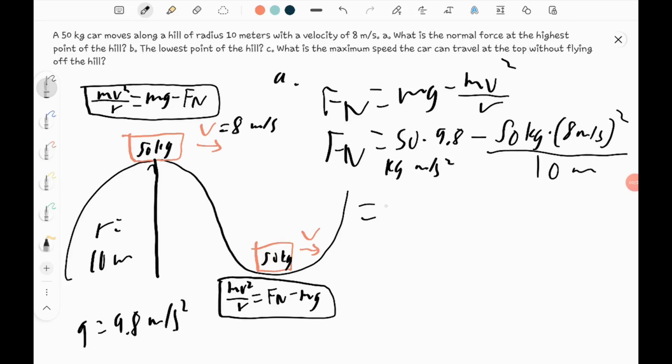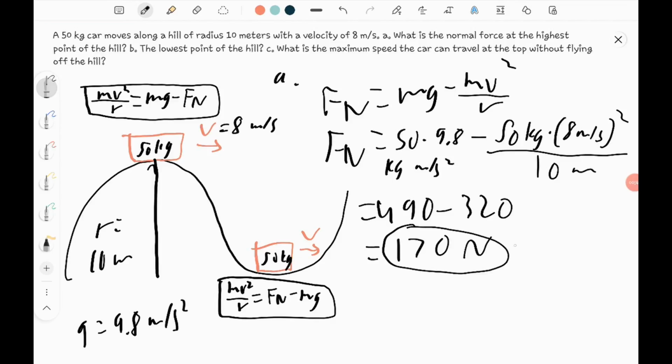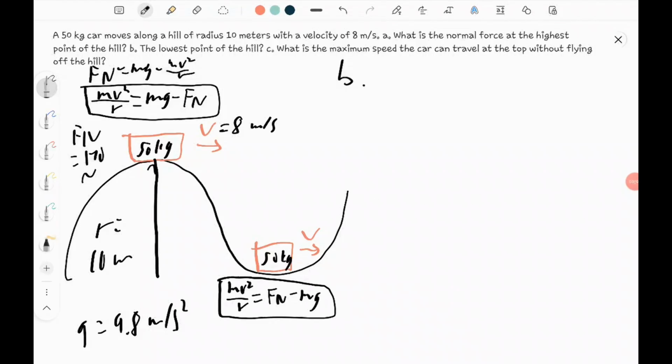I'm going to omit units. If you multiply these out, that's 490 minus 320. And we get an answer of about 170 newtons for the normal force at the top. And notice how the normal force is less than the weight force here, which was 490, which means our assertion was correct.